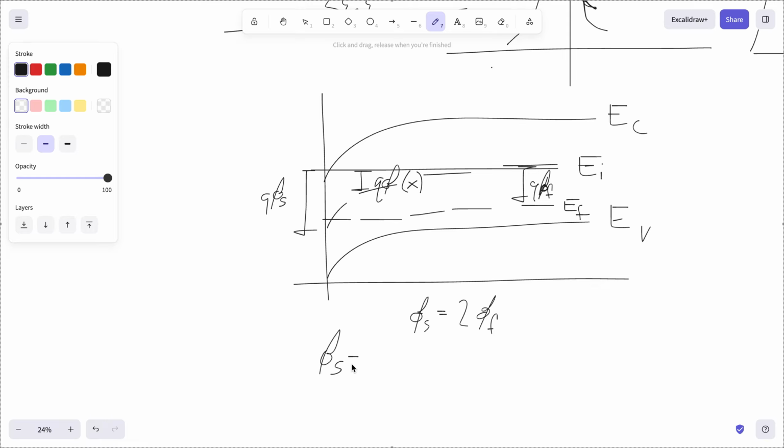define phi sub s. Well, we need to define phi of x first, as 1 over q E sub i bulk minus E sub i of x.